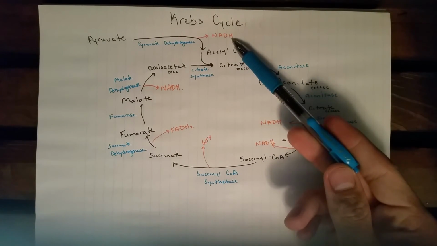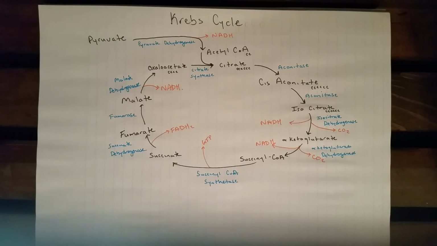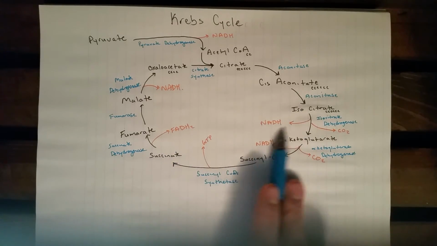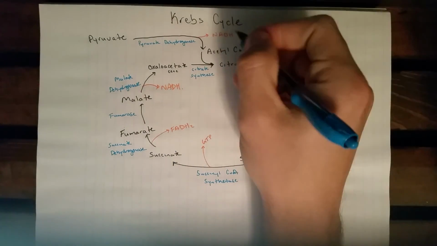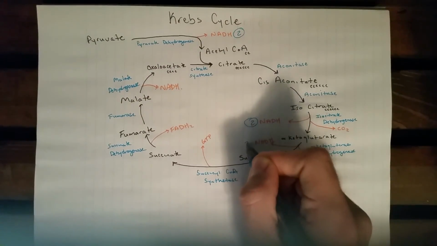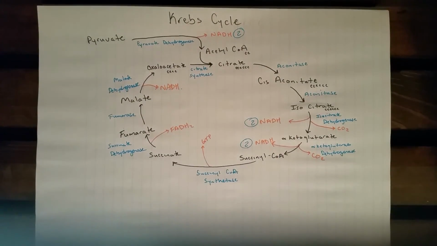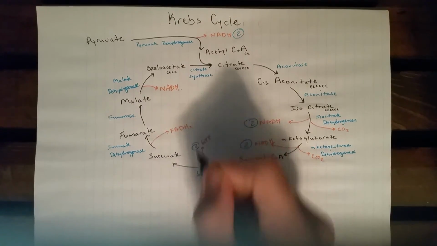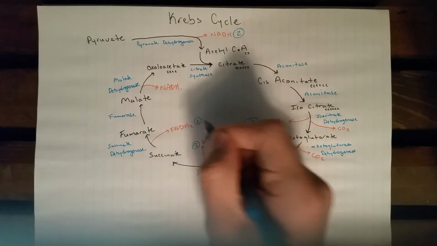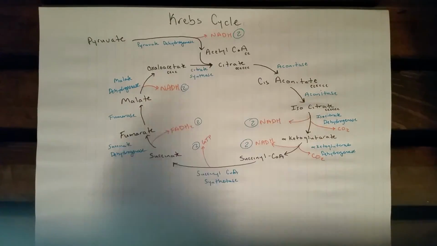So we have immediately 2 NADHs created. And as we move down through this system, we have another 2 here, 2 here, 2 made here, and we have 2 ATPs made down here, 2 FADH2s, and then another 2 NADH.